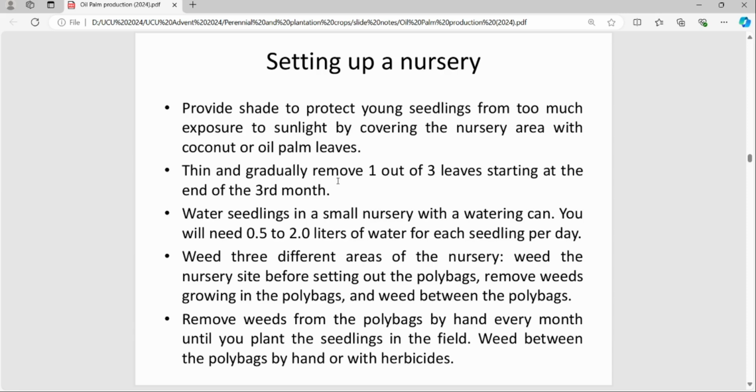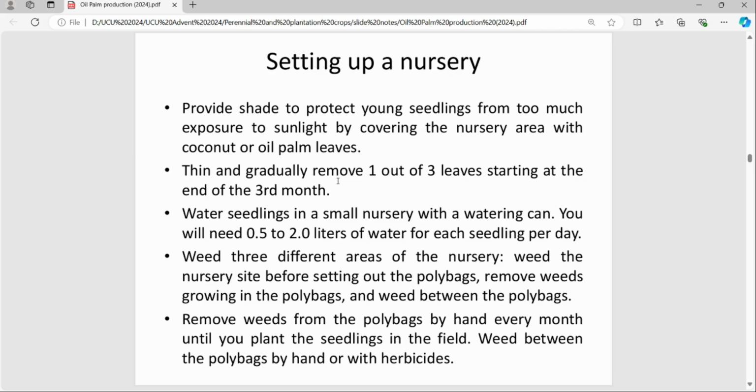So in case a plant gets to 6 leaves, you're supposed to remove 2 leaves. So as soon as the plants reach the 3rd month, you're supposed to start pruning or removing excess leaves in that sequence.